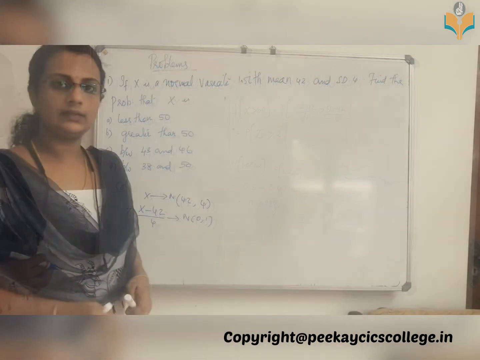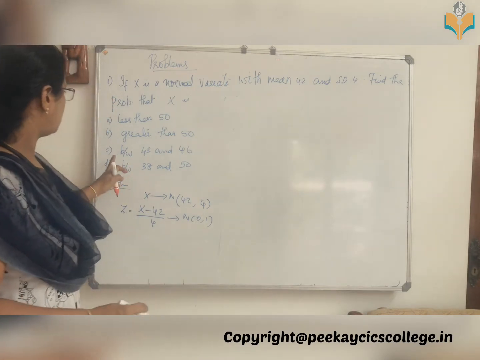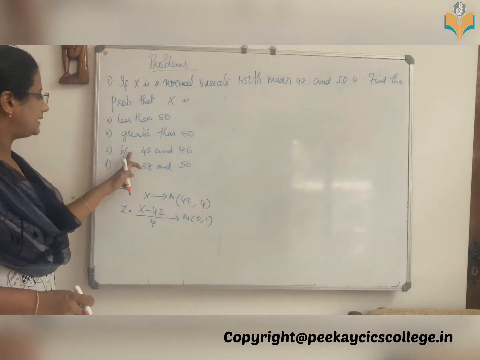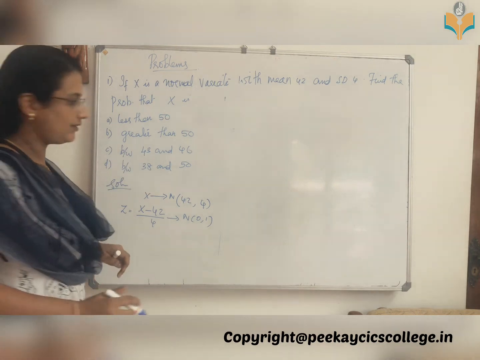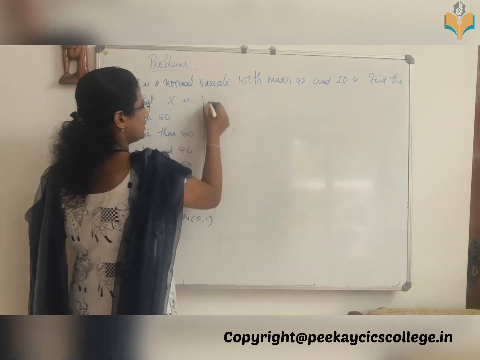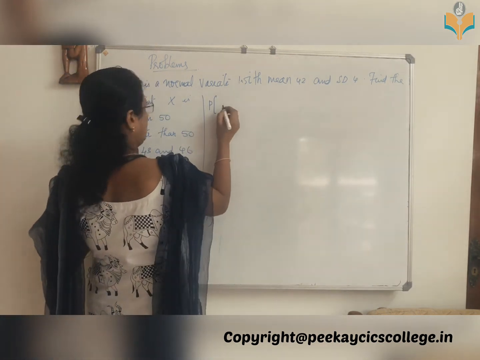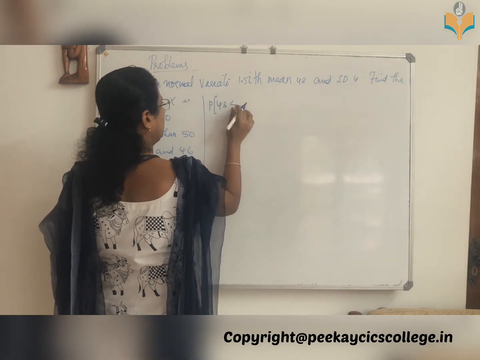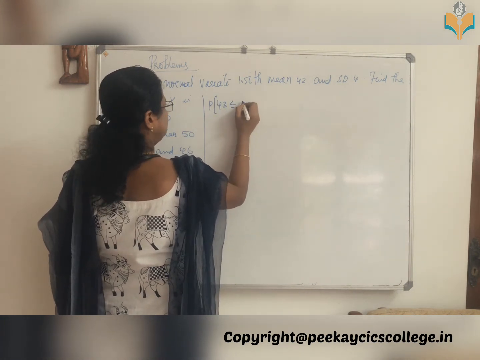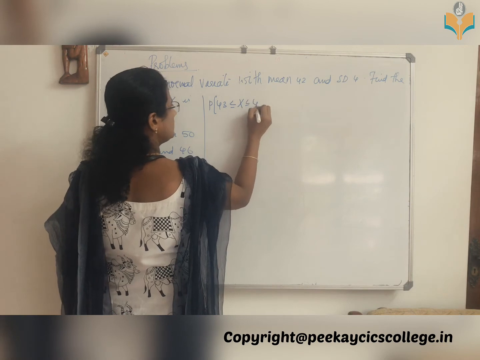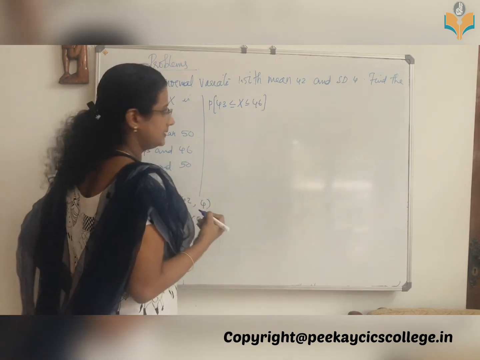Alright, next one is we want to find the probability that x lies between 43 and 46. Now we can write this as probability of 43 less than or equal to x less than or equal to 46. Okay, we want to find this.